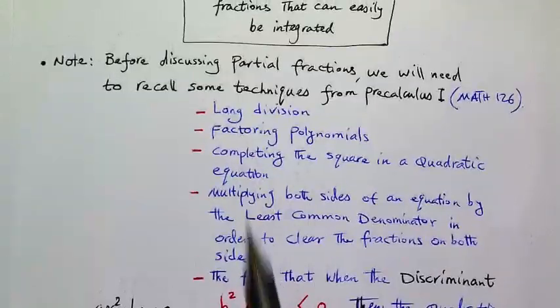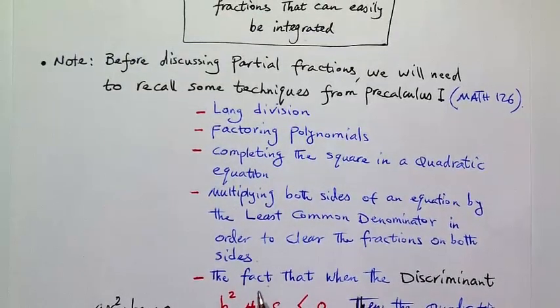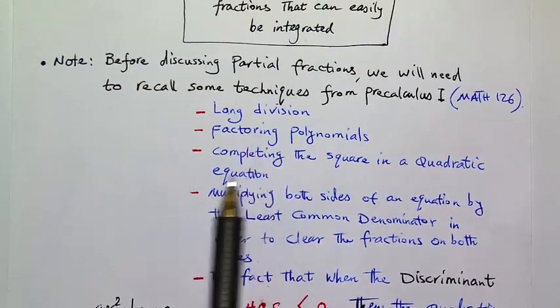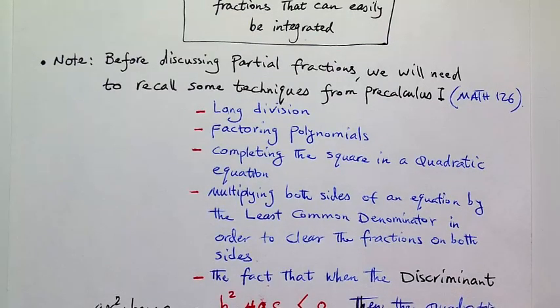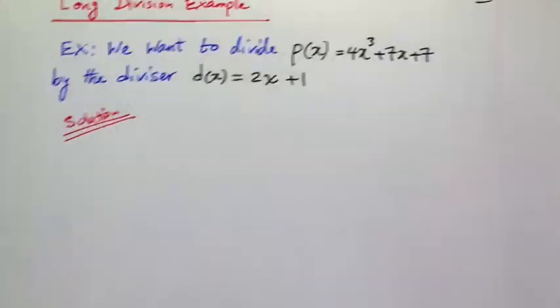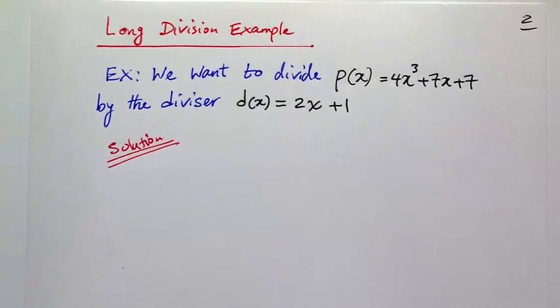This is stuff you already know, or you've already seen in previous classes. I'll go over maybe long division and completing the square before tackling some of the problems for this section. At least you'll have a brief refresher on that topic, which should be good.